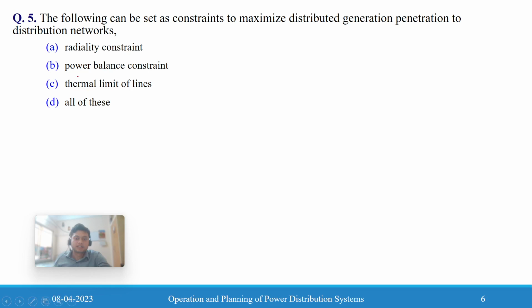The next question is that the following can be set as constant to maximize distributed generation penetration to distribution networks. I just want to mention here that this is a multiple select question. Multiple options can be correct.